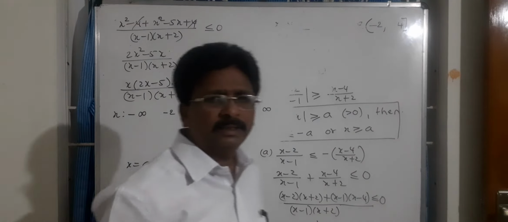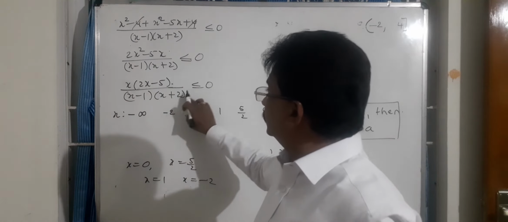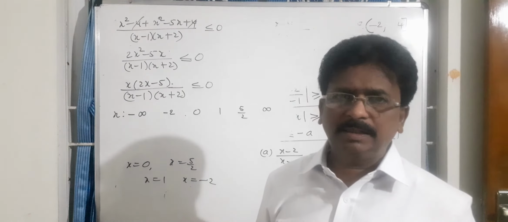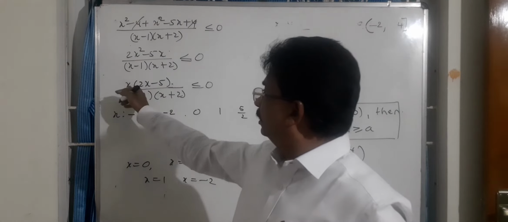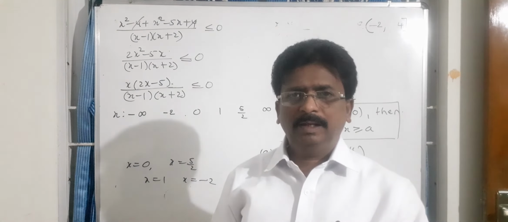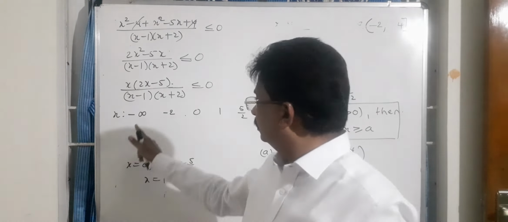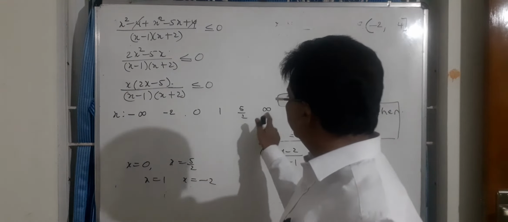Now I will tell you the technique here. The sign of this expression we can identify very easily. How many factors are here? 1, 2, 3, 4. 4 factors. Now for the critical points, there are intervals: 1, 2, 3, 4, 5 intervals.